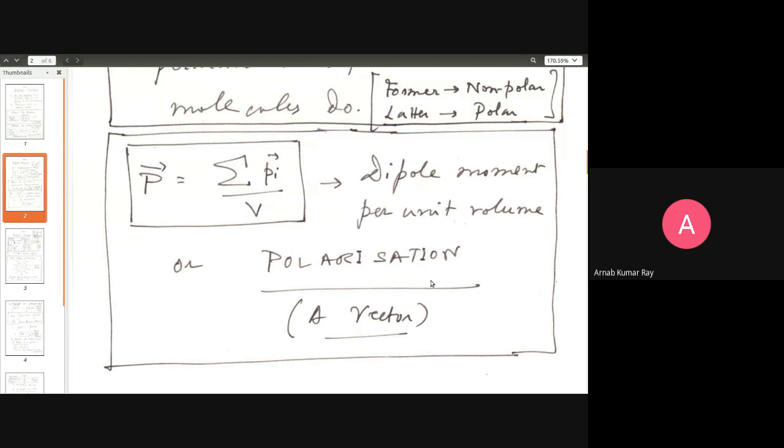So initially, when you have no external field, the dipoles are randomly oriented. When you apply an external field, the dipoles will be aligned in a preferred direction, namely the direction of the external electric field.